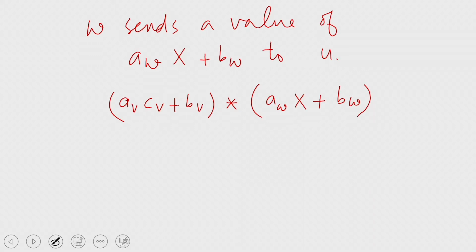This is the value that the node generates, and then the value that the node U will send up to its parent P of U would be AU multiplied by this plus BU.